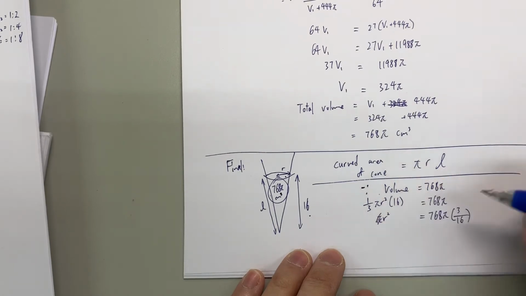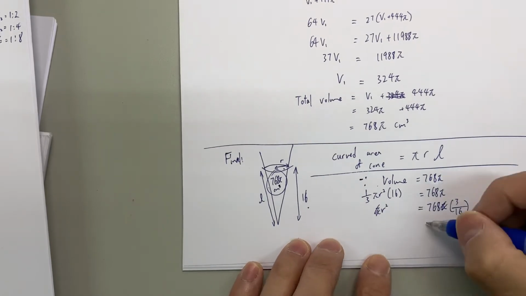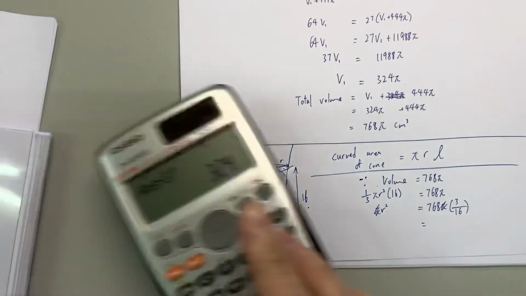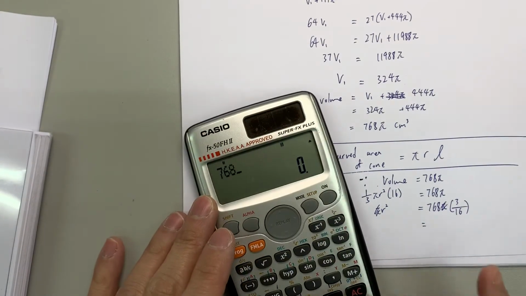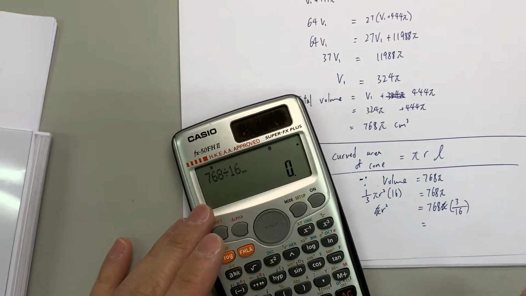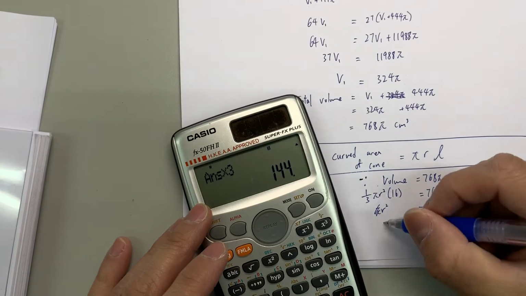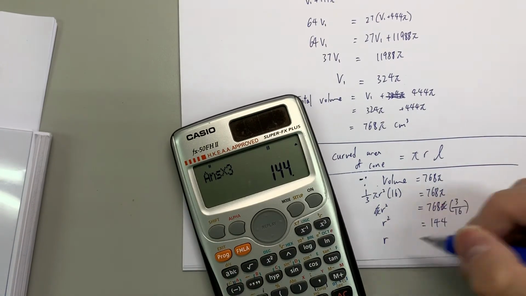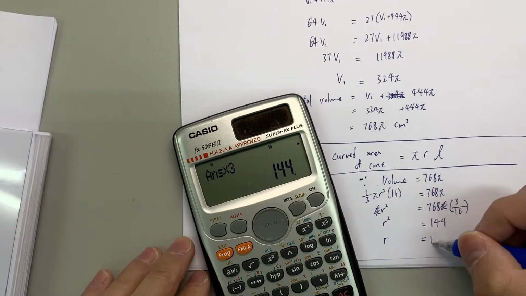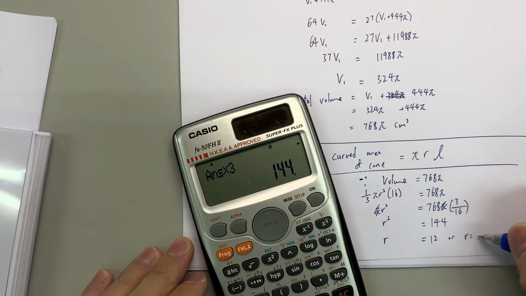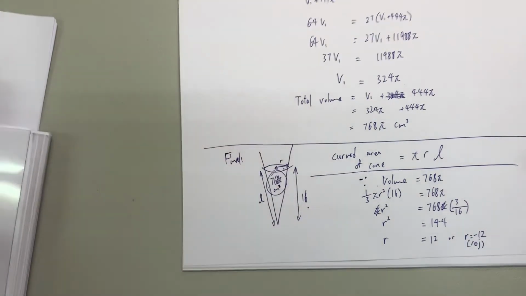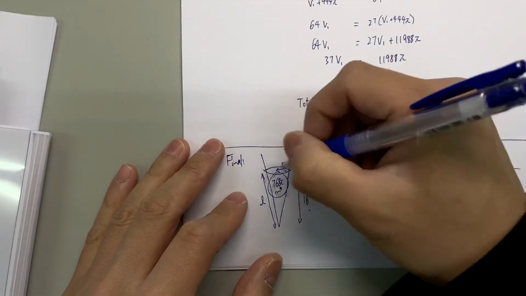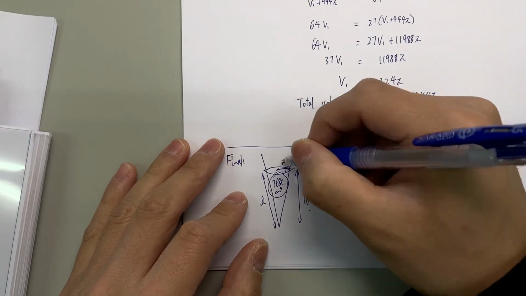And also we can divide both sides by pi. So you use a calculator, 768 divided by 16 times 3, 144. R squared is 144. So R is equal to square root, 12, or R equal to -12, but it is rejected. We already know this one is 12.